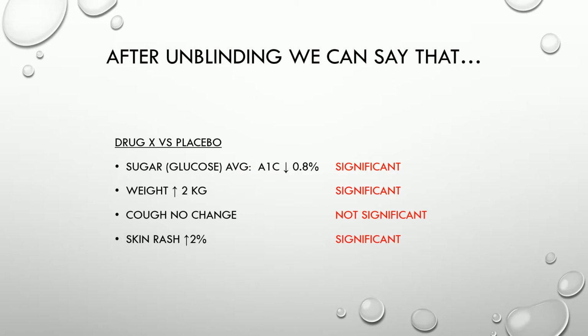After unblinding, we can say that these results that we found to be significant are due to drug X, because the only difference between the two groups is that they were taking drug X versus placebo.